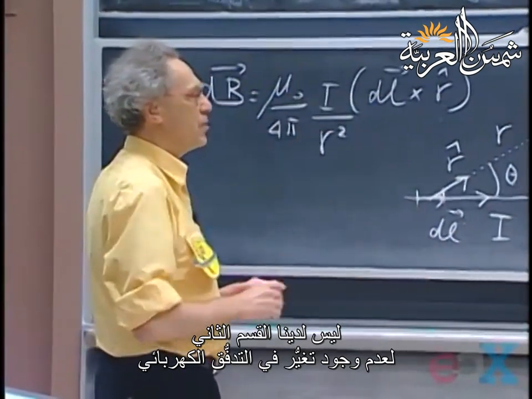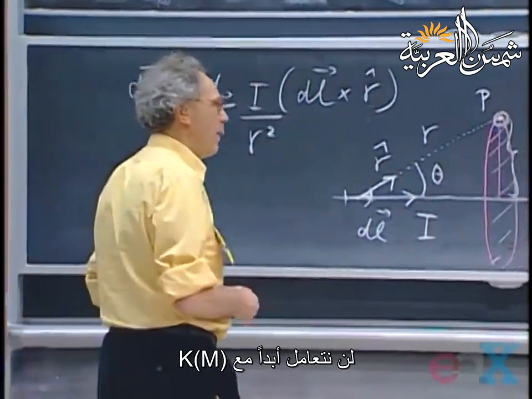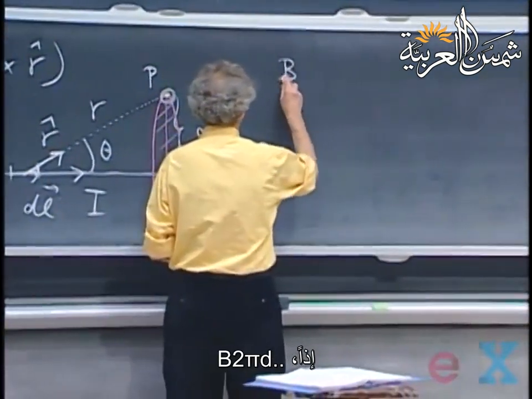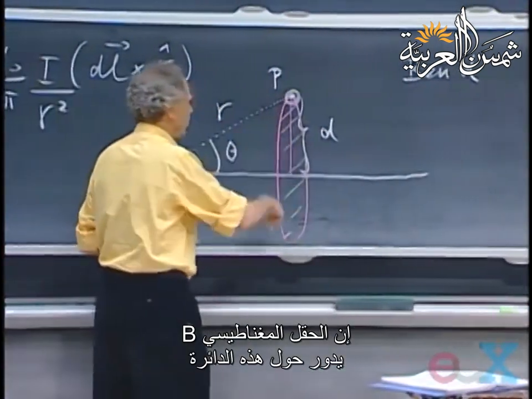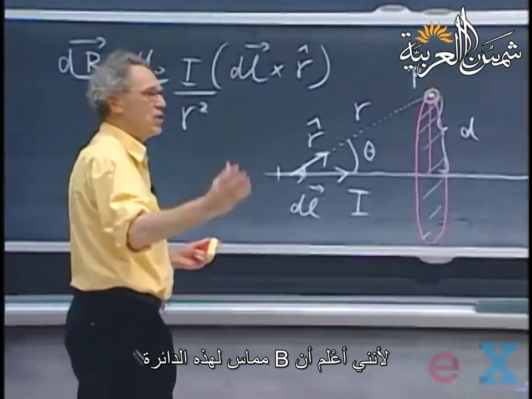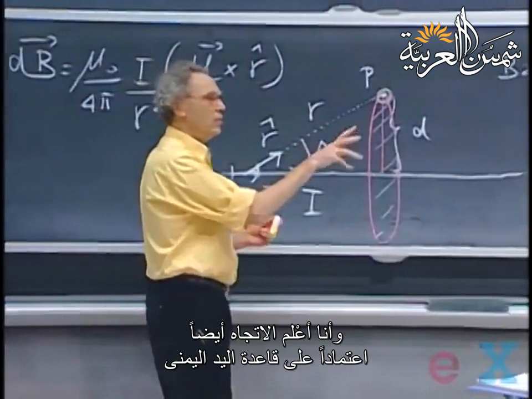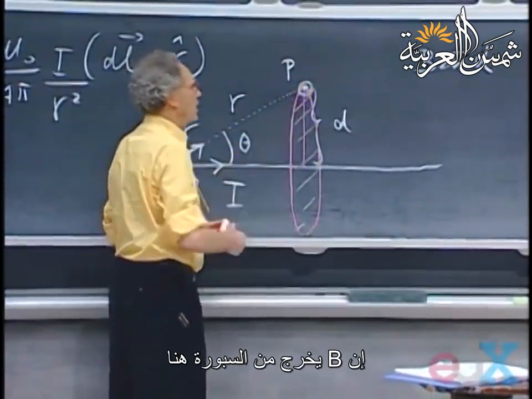We don't have the second portion because there is no changing electric flux. We don't deal with kappa m at all, so we simply have that B times 2 pi d that is going around in this circle, because I know that B is tangential to that circle. I also even know the direction according to the right-hand corkscrew rule. It's coming out of the blackboard here.